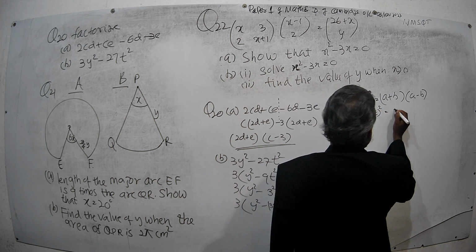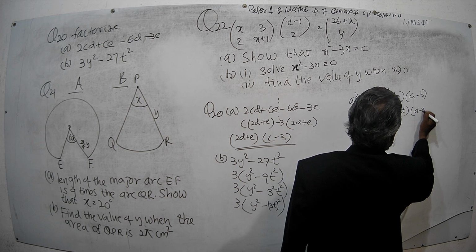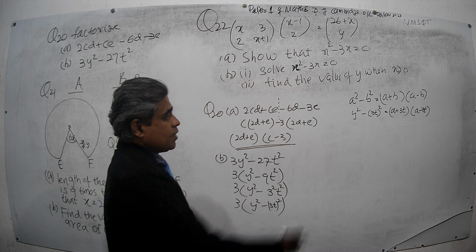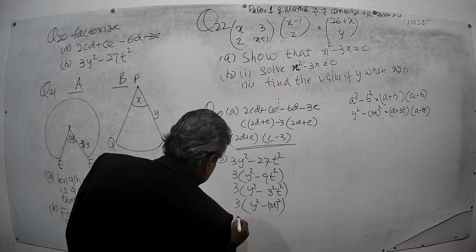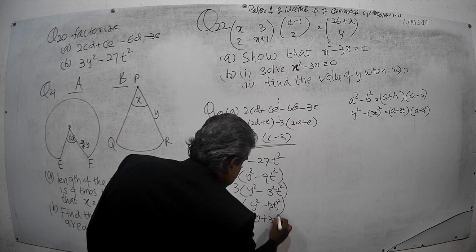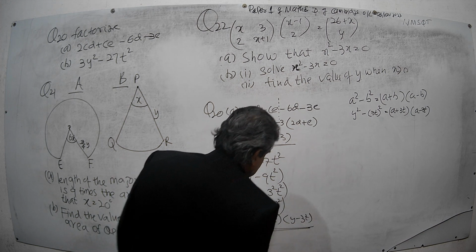Then we can write a plus 3t and a minus 3t. They are the factors. Then the factorization is: here 3 comes, then one factor y plus 3t, another one y minus 3t. That is the full factorization.